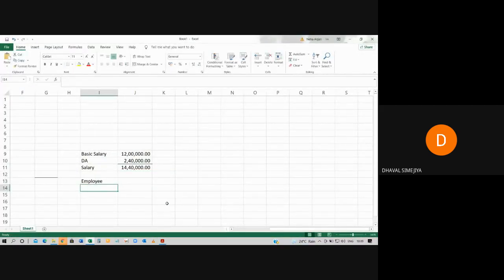Employee and employer both are contributing 15% of basic salary. Basic salary is 12 lakh rupees, multiplied by 15%. So both are contributing 1,80,000 rupees. Please understand now.